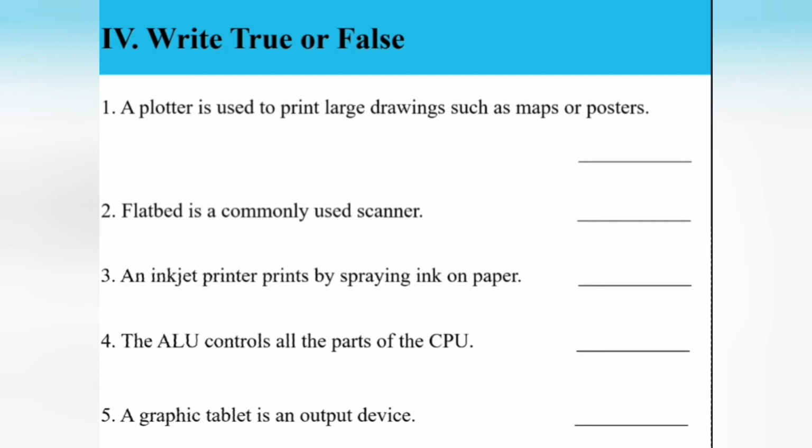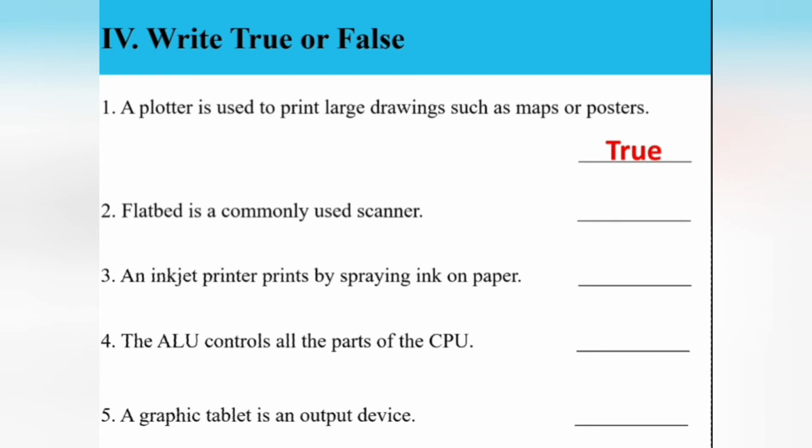Is it true or false? Yes, it is true, because the plotter is used to print large drawings such as posters. In cinema theaters, we have seen the big posters in front of the theaters. That is also printed by the plotter only. So this is the correct one.